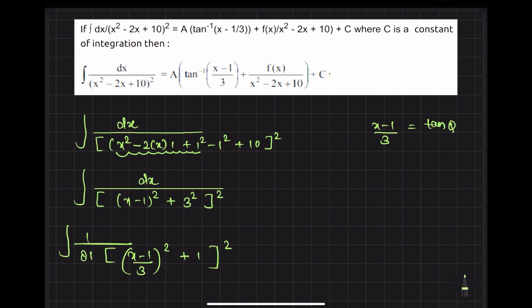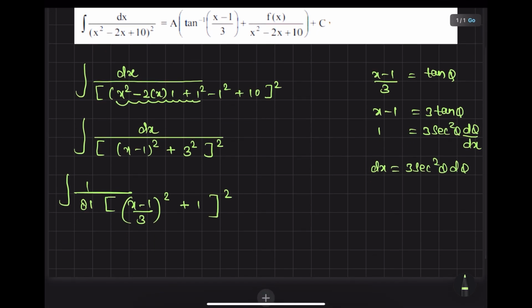First send 3 that side, so it is 3 tan theta. Now x minus 1. The differentiation of x becomes 1, differentiation of 1 becomes 0, and then 3 sec² theta d theta by dx. Okay, so can I write dx as 3 sec² theta d theta?